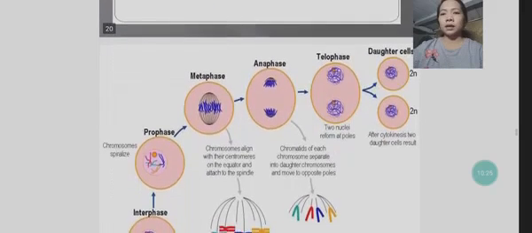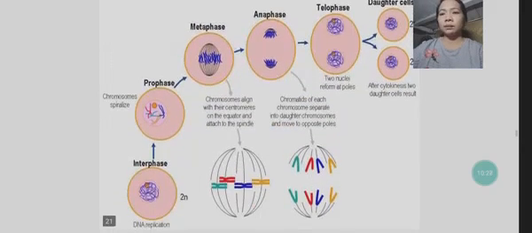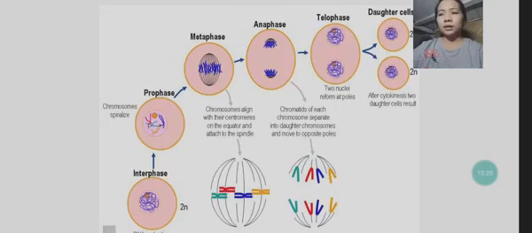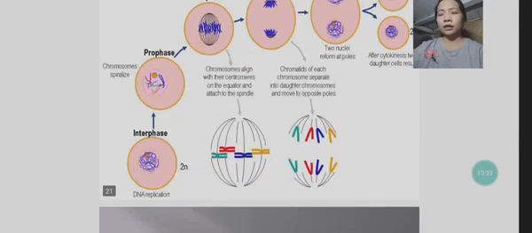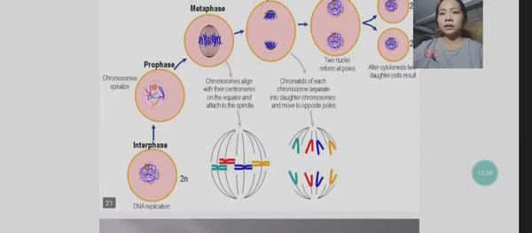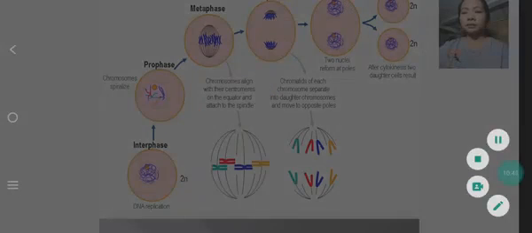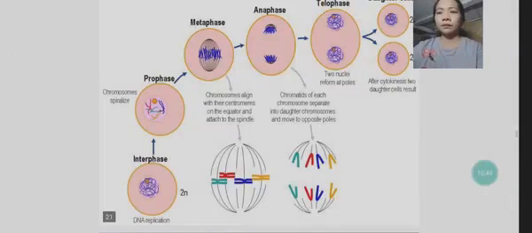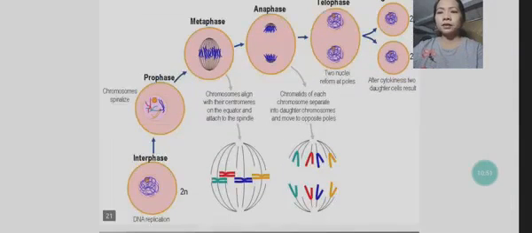Okay, here, I hope you get the process of mitosis. The interphase is where the cell spends most of its life. Then the prophase, where the chromosomes condense. The metaphase, where they are aligned at the equator line.